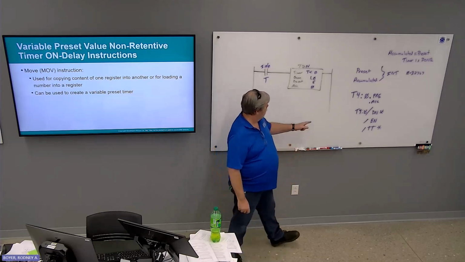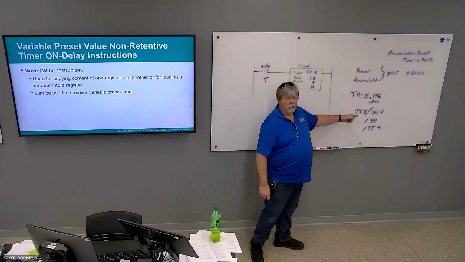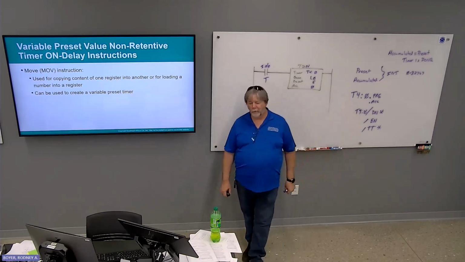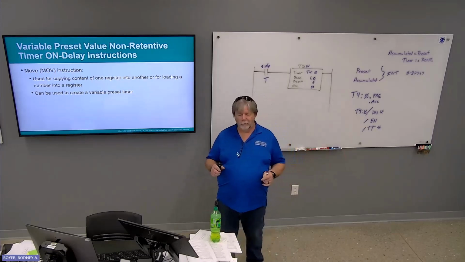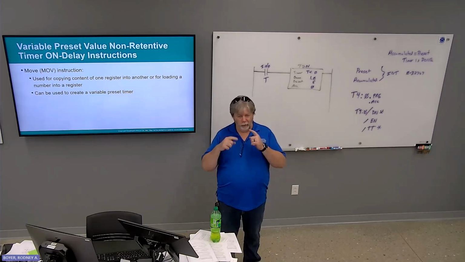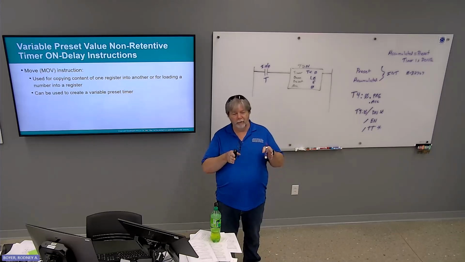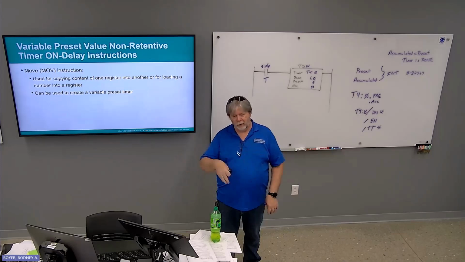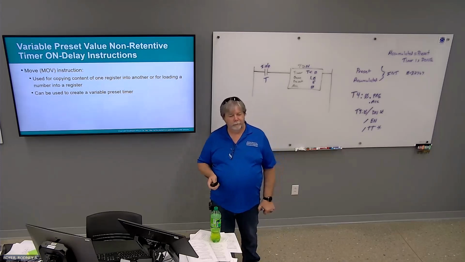These are all addressable values. So if you want to change the preset value of your timer, just use a move instruction and move whatever value you want the new value into the preset and it'll automatically update. Okay.